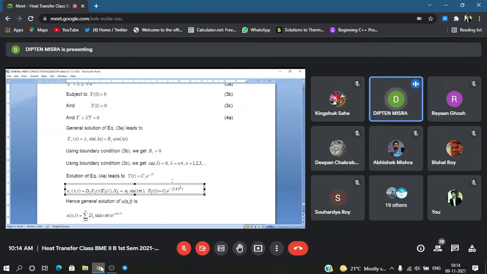Now when n is equal to 1, we have the coefficient c1 into e to the power minus 1 pi square into time. So that is a function of time. And what is the function of x? That is equal to a1 into sine 1 pi x.